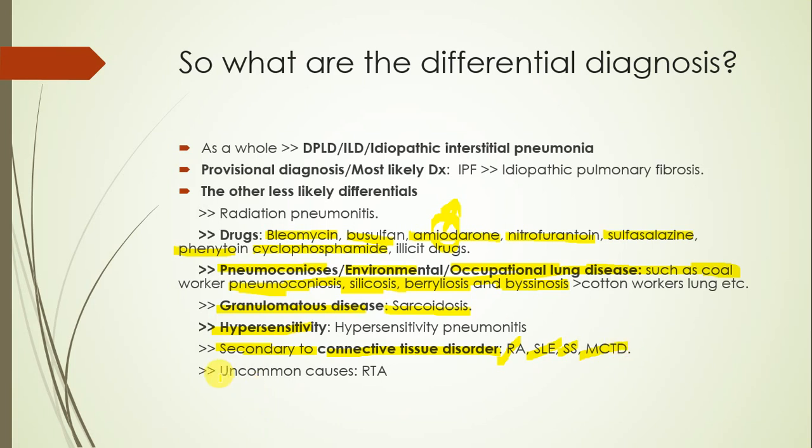And there are some very uncommon causes such as renal tubular acidosis. Very, very unlikely in this patient as the patient doesn't have any underlying disease or does not take any medications. So those are the differentials that you should always consider before declaring someone as having idiopathic pulmonary fibrosis.